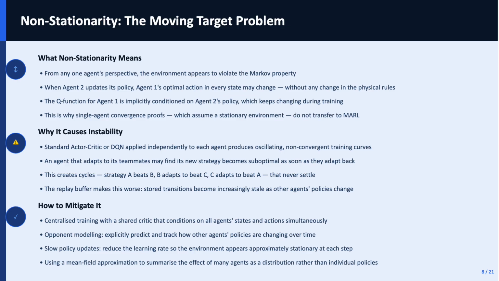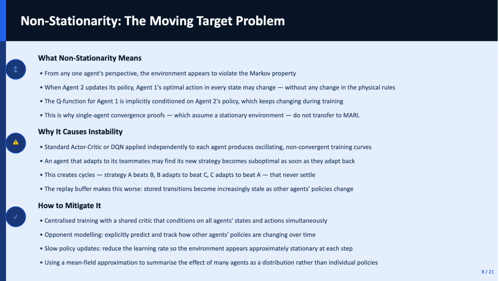From a theoretical perspective, this violates a foundational assumption of standard reinforcement learning: convergence proofs assume that the environment's transition probabilities are fixed. From a practical perspective, it means that a transition stored in an agent's experience buffer from early in training, when other agents had different policies, may be actively misleading when replayed later, because the same state and action pair would now produce a different outcome.